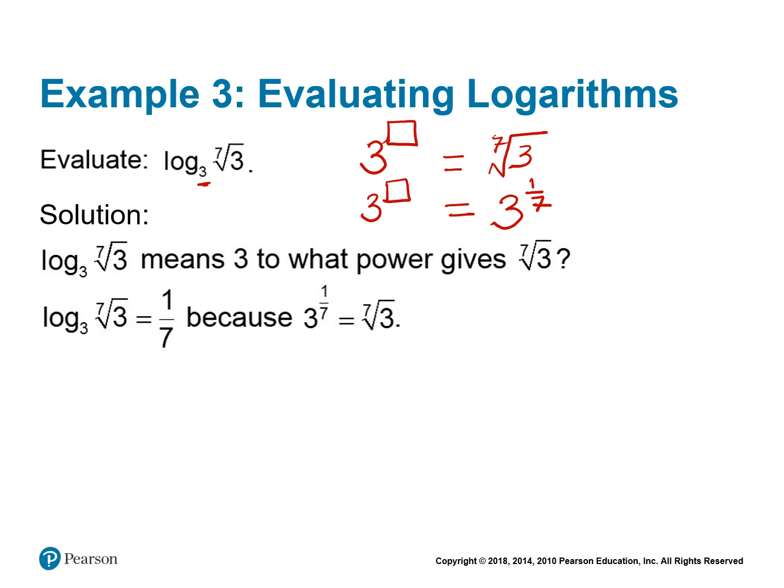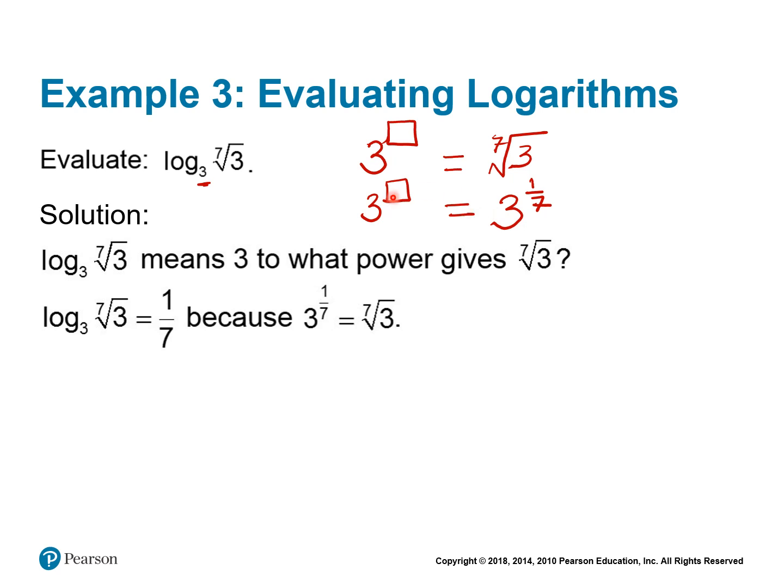So if the right hand side has an exponent 1/7, then the left hand side, which also has a base of 3, must have the same exponent because they are equal, right? This side is equal to this side. We have a 3 for the base on the left hand side and a 3 for the base on the right hand side.